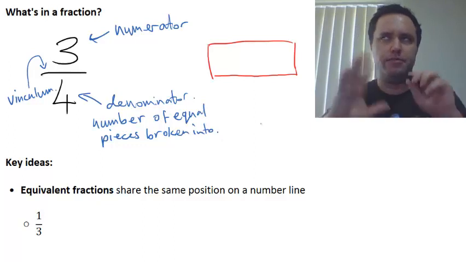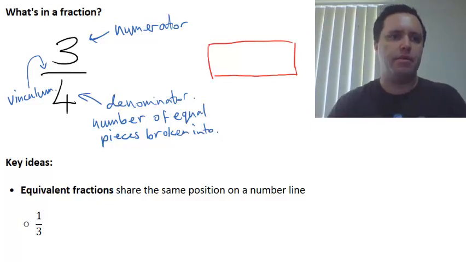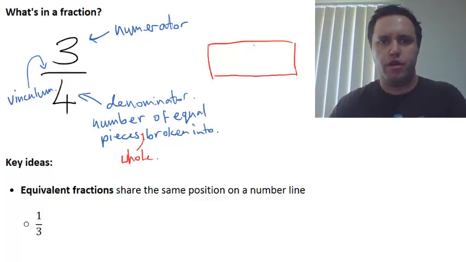Okay, English is a bit weird with that one, but it means the number of equal pieces that this whole is broken into, so that says 4. So this whole is going to be broken into 4 equal pieces. Okay, 1, 2, 3, and 4.